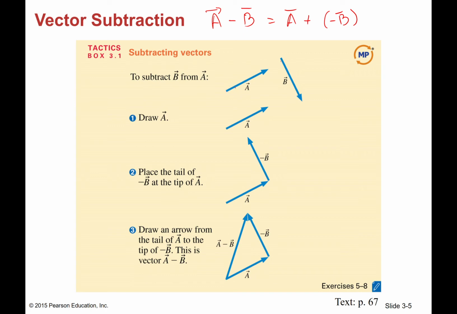For instance, here's a vector A, here's a vector B. Then A plus minus B is equal to this picture that you have here. This is A, and this is vector B multiplied by -1. Then your subtraction is this vector that goes from here to here.